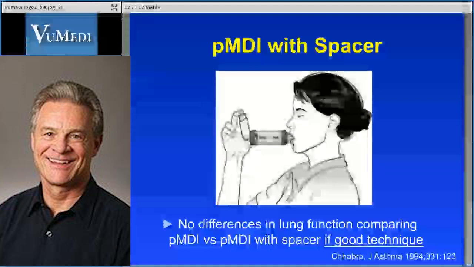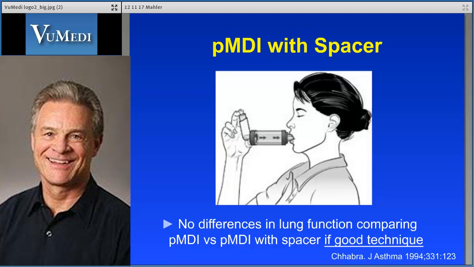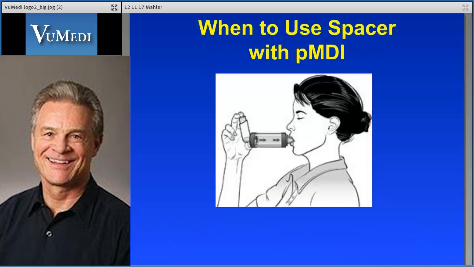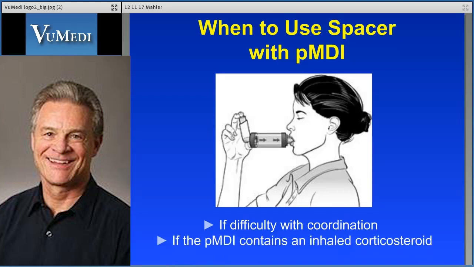There are no differences in lung function comparing a metered dose inhaler with or without a spacer if good technique is used. The spacer should be used with a metered dose inhaler if the individual has difficulty with coordination and if the metered dose inhaler contains an inhaled corticosteroid.